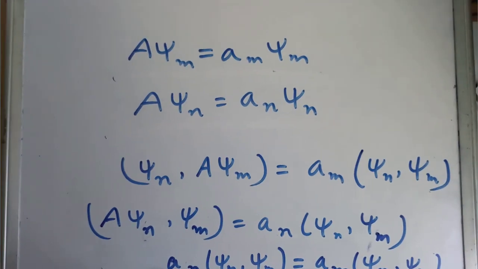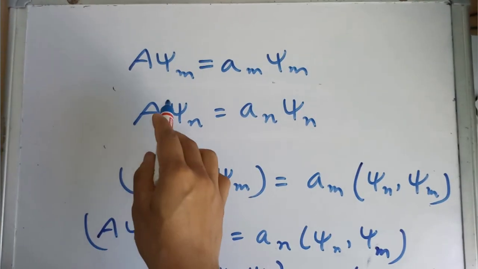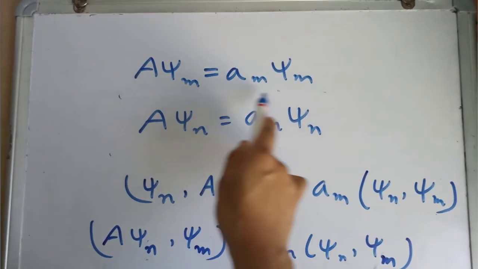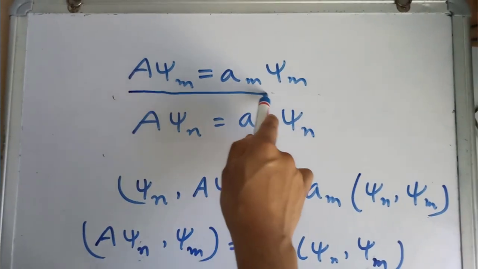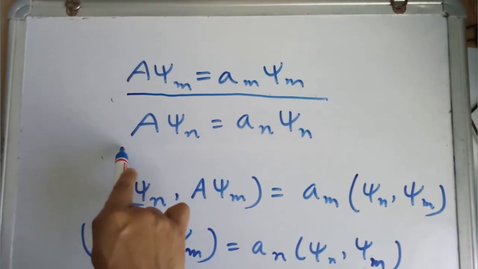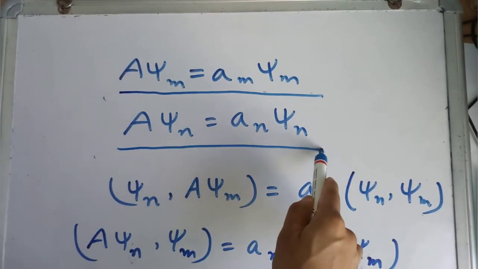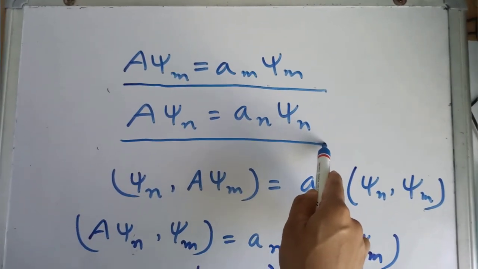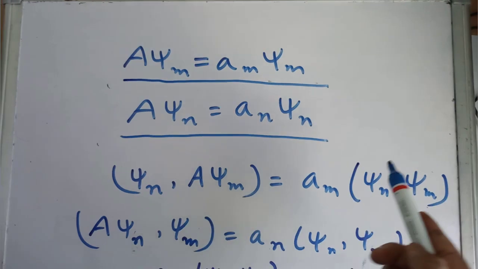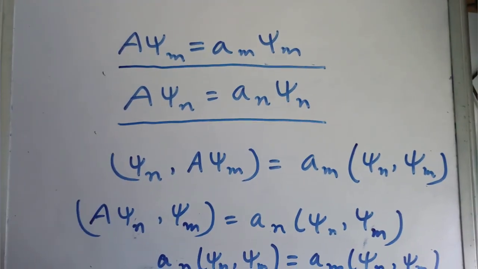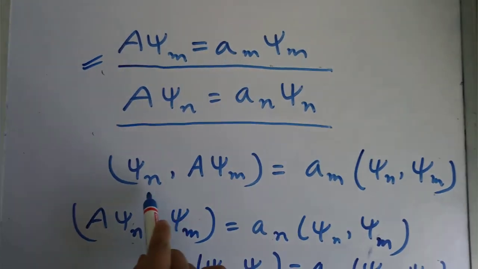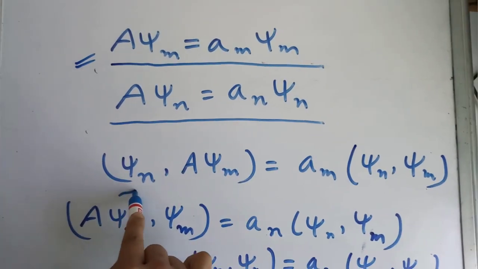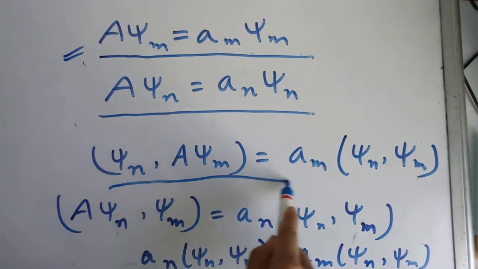For these two eigenvalues we can write the eigenvalue equations: A psi m equals a m psi m and A psi n equals a n psi n. Now take the inner product of this equation with function psi n. When you take the inner product, you will get this equation.